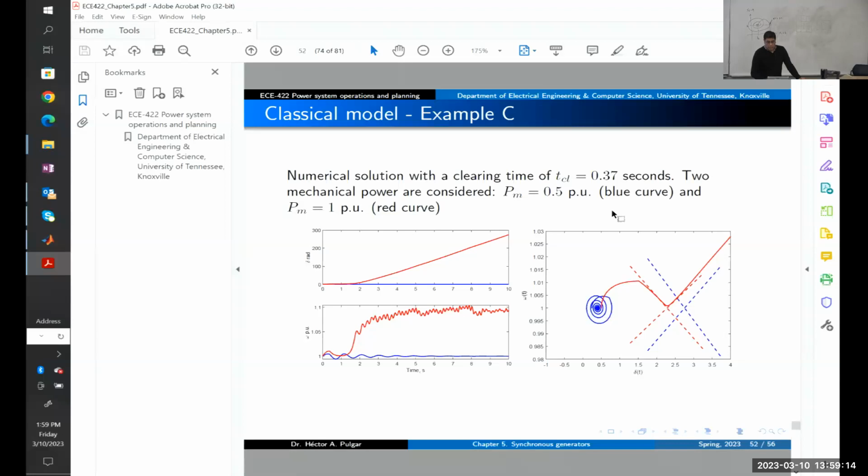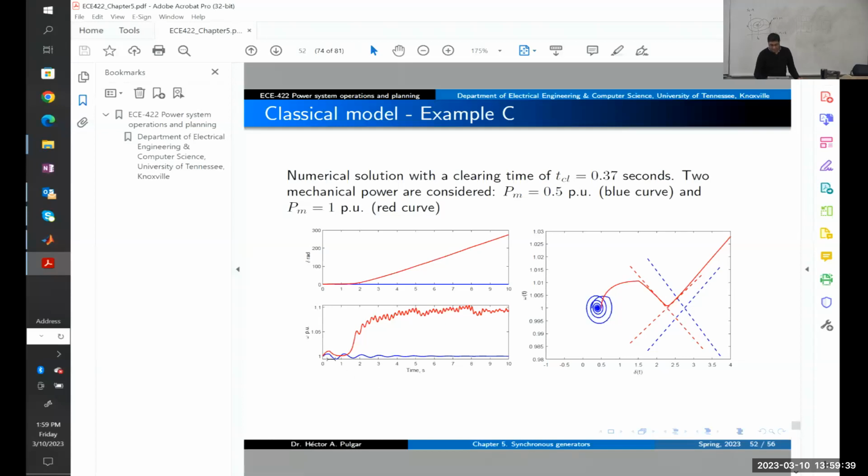In the first situation, I consider here a clearing time of 0.37 seconds, and that is going to be the blue curve. That's the same power we used before, 0.5 per unit. And as you can see here, the system gets trapped by the stable focus, and the machine is stable.